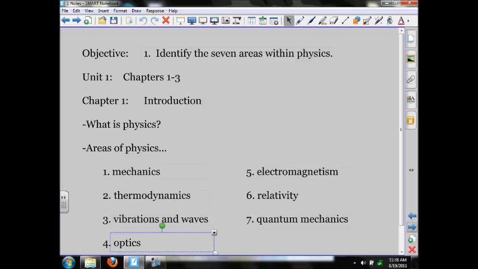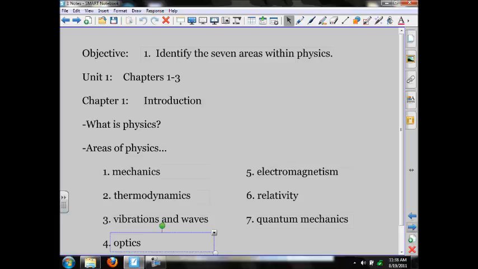What's relativity? Kind of. Relative motion is like depending on how fast the source or the detector are moving. Which famous scientist or physicist is known for relativity? Einstein, yeah.